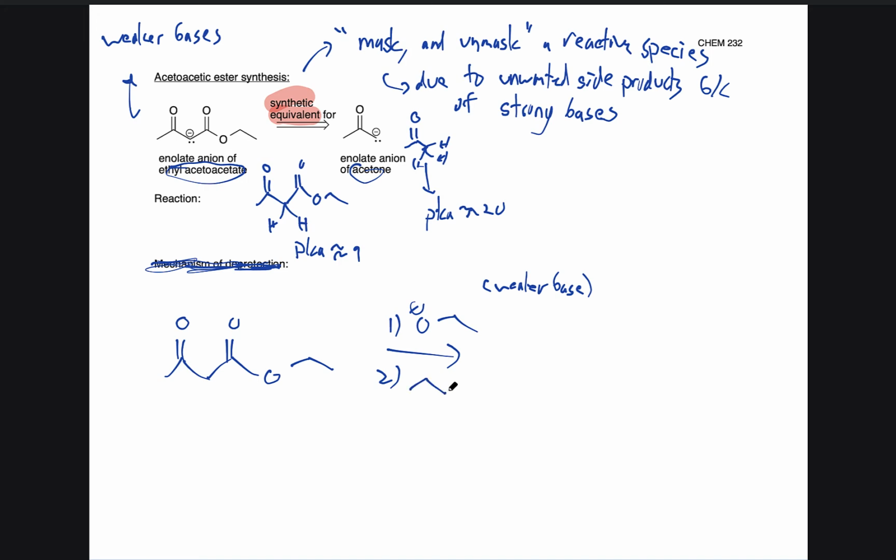And then some sort of electrophile, and the product we get from that would be this, very similar to the last reaction we just covered. And from there, we want to unmask this molecule to get back to our original species that we want.